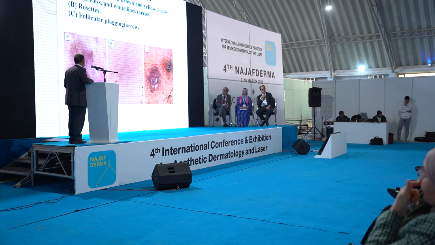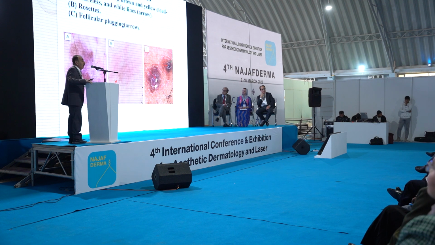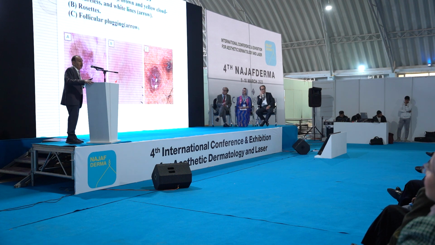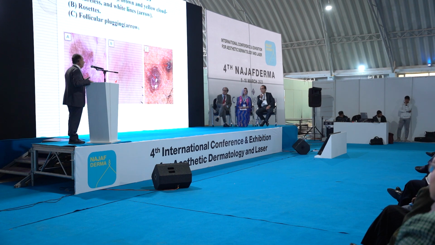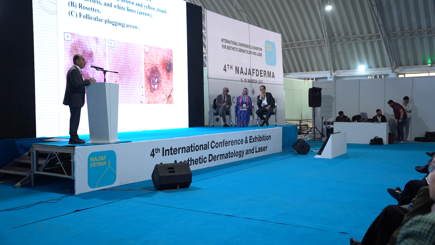And there is picture A and picture B. You see that around the opening of the hair follicles, there is a collection of brown pigmentation. This brown pigmentation is called rosette. It means a small rose. A small rose characteristic of lichen planus. Rosettes are characteristics of lichen planus.